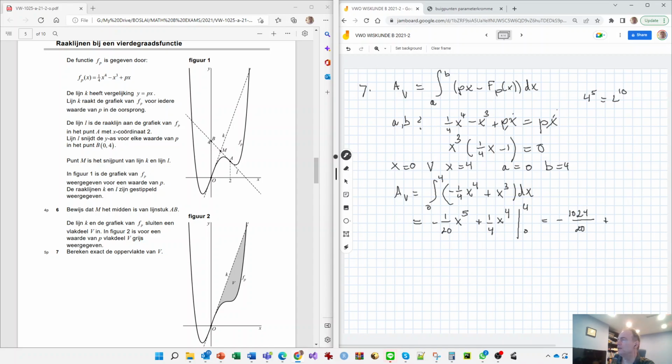And 4 to the power 4 is 2 to the power 8, it's 256. So this is 2 to the power 2 times 5, so it's easy to simplify this.